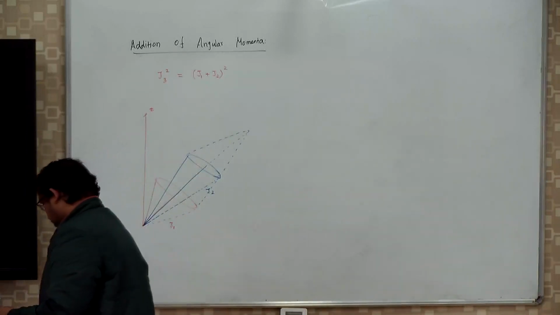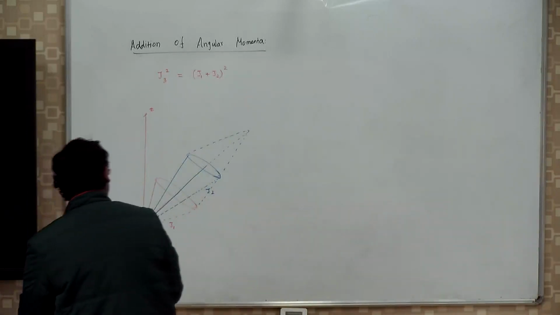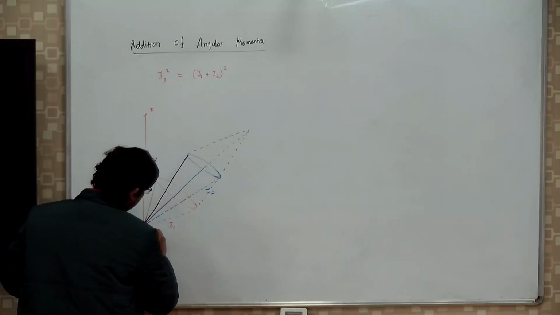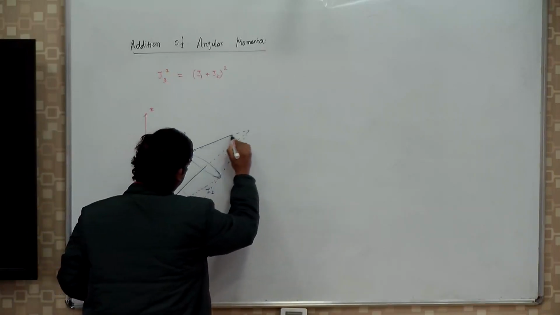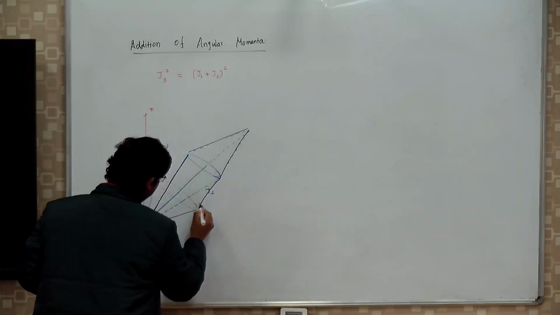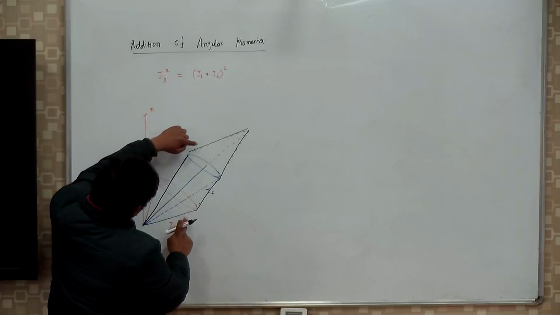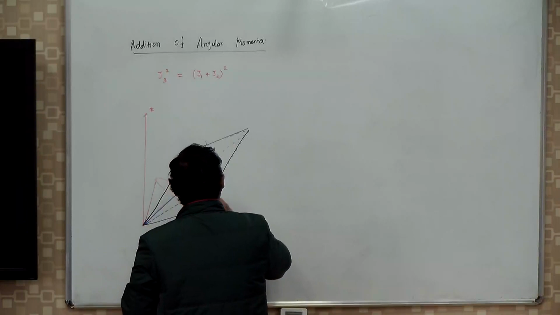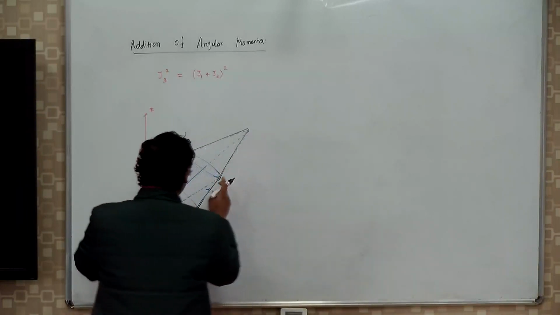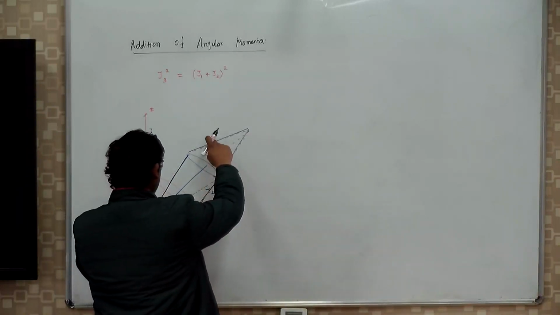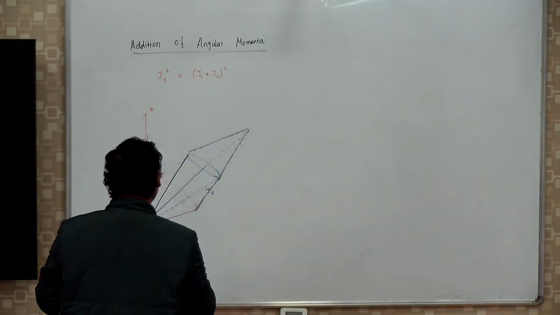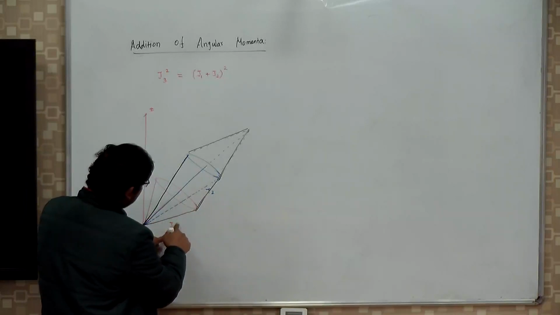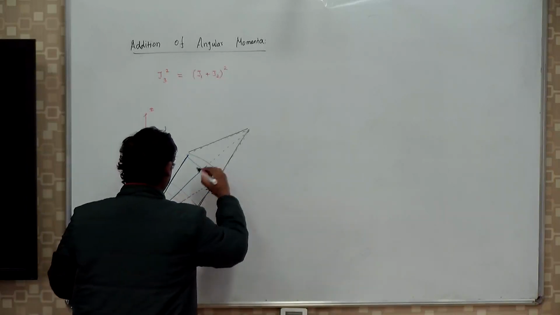These two lines are parallel with each other, and these two lines are also parallel with each other. This is the J1 system, this is the J2 system, and the resultant of J1 and J2 will be J3.